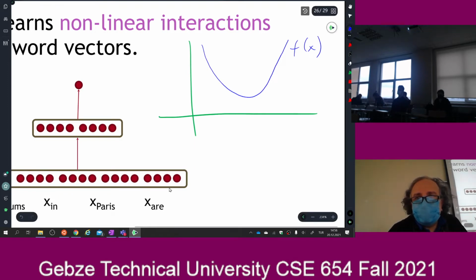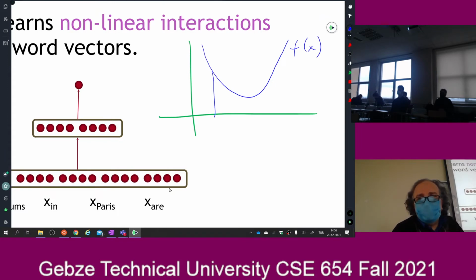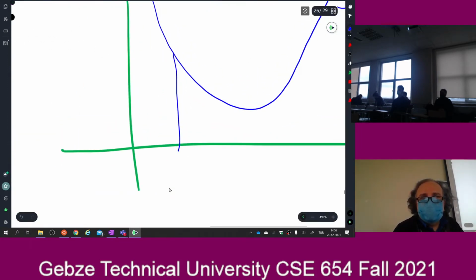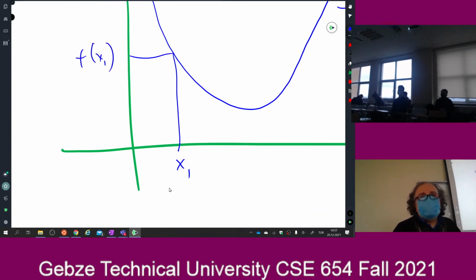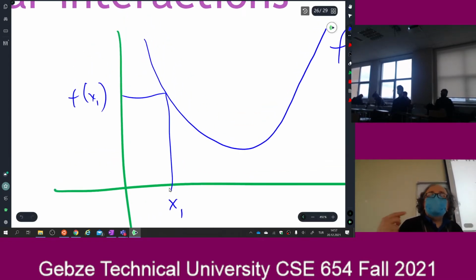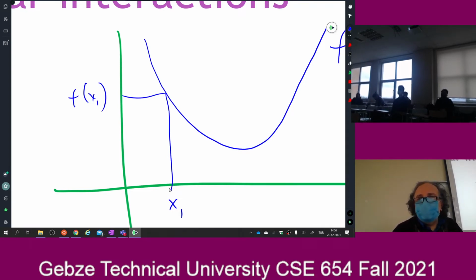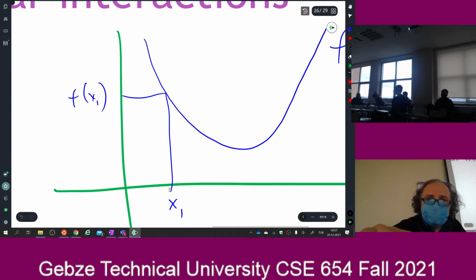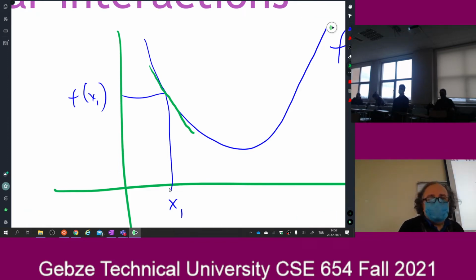Let's say I start from this position. I'm just trying to guess. I say that this is my minimum position, x1. f(x1) is here. At that position, I take the derivative of f, which is easy using some numerical technique. The derivative gives me the slope, this tangent line.